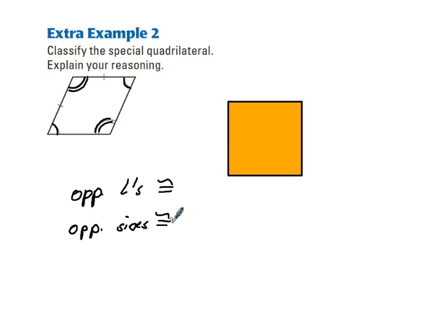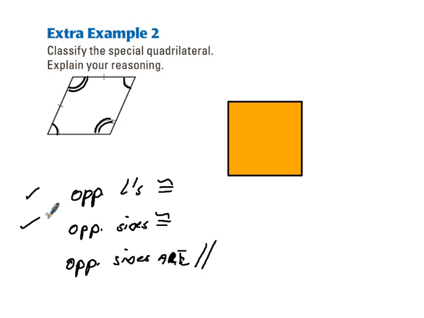And what else do we know about parallelograms? Okay. We can add opposite sides are parallel. Because it's a parallelogram, the first two prove that it's a parallelogram. From that we know by the definition of parallelograms, opposite sides are parallel.